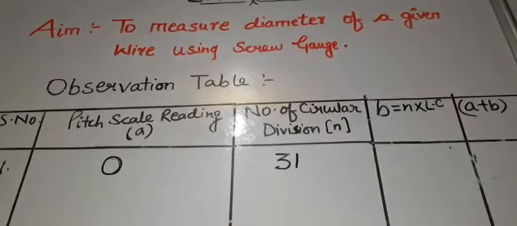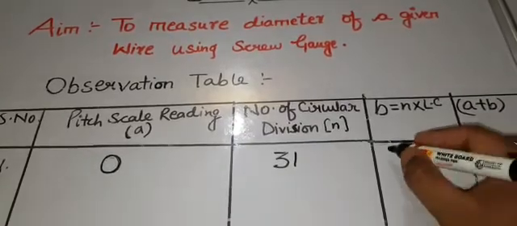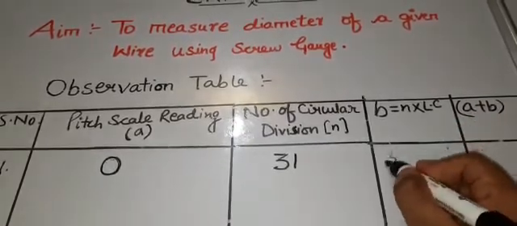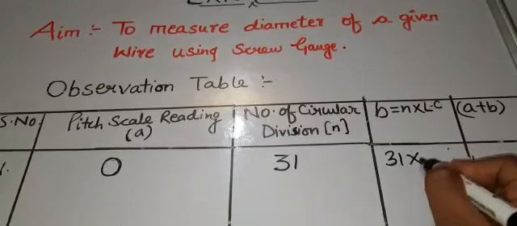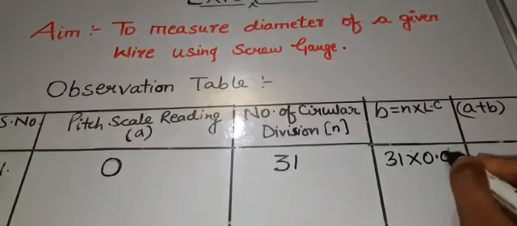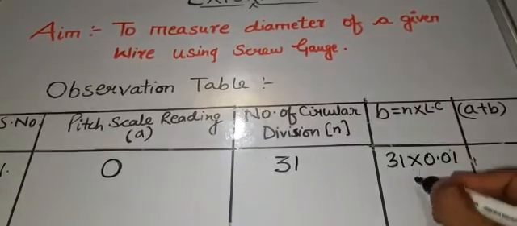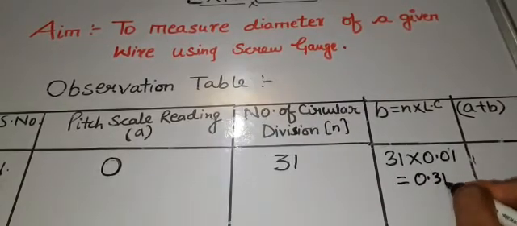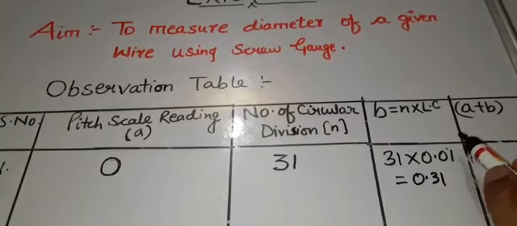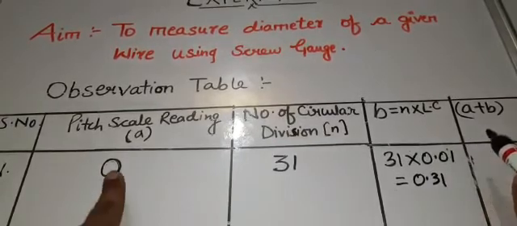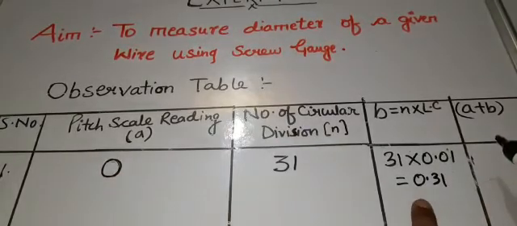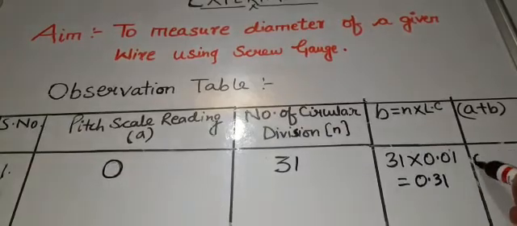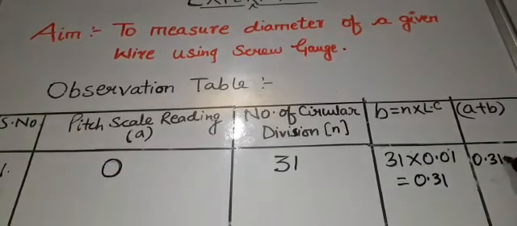Now B is equal to N into least count. N is 31 and least count is 0.01. So it comes out to 0.31. So total reading A plus B will be 0 plus 0.31, so it will be 0.31.